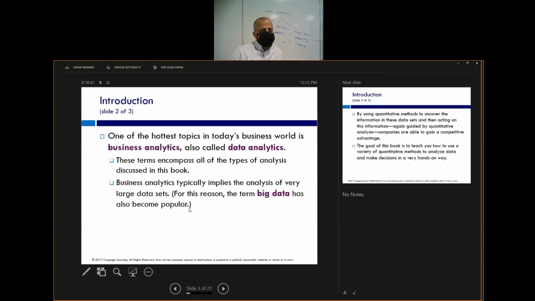The term includes all the algorithms discussed in this book, not this course. In our course, we just cover some descriptive and prescriptive analytics. We are not going to cover anything about predictive analytics. It is also the analysis of large data sets, which is also referred to as big data.